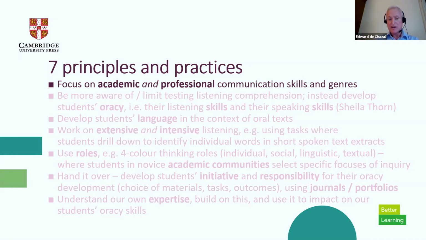So the purpose of academic institutions really ultimately is to launch into the professions, and we're at the beginning of that. So we're, through our students, enabling them to engage academically and ultimately professionally.